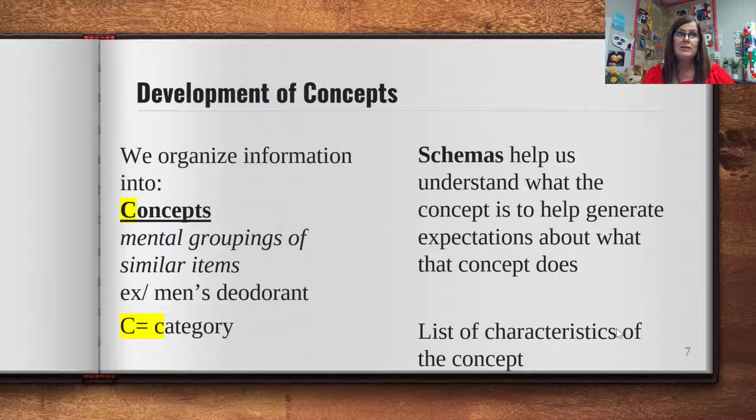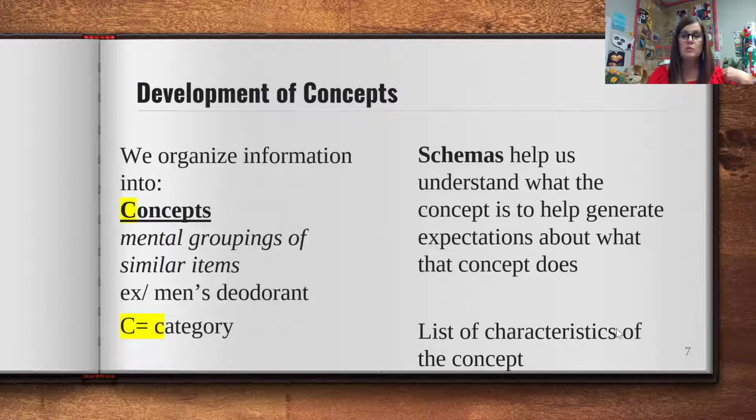So a schema, the mental representation, that idea we have in our head, really is an opportunity for us to list those characteristics of the concept. So a schema can be a list of characteristics about the concept.